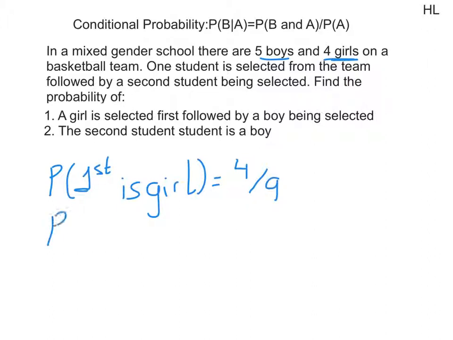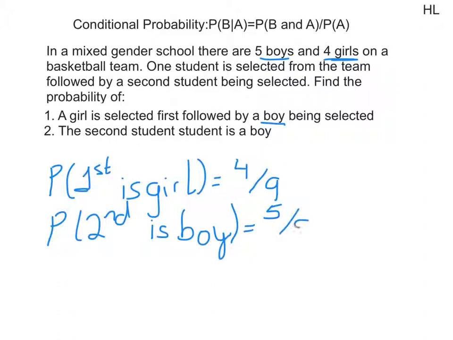Next, we want the probability that the second student selected is a boy. So we have 5 boys. Remember, we have already selected one student, the first student, which was a girl. So now we have only 8 students to choose from.